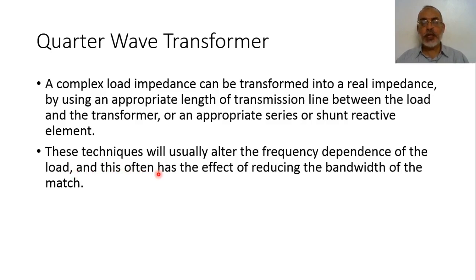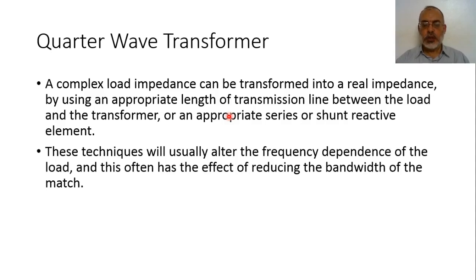So maybe the matching circuit itself, as a quarter wave transformer or multi-section quarter wave transformer, has a wide bandwidth, but the shunt reactive part or series reactive part or the transmission line section which is added to convert the load to be real impedance, all these solutions have narrow bandwidths.